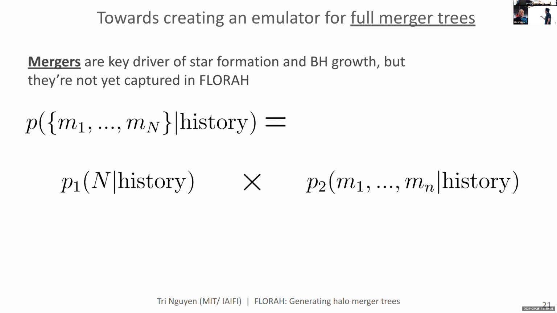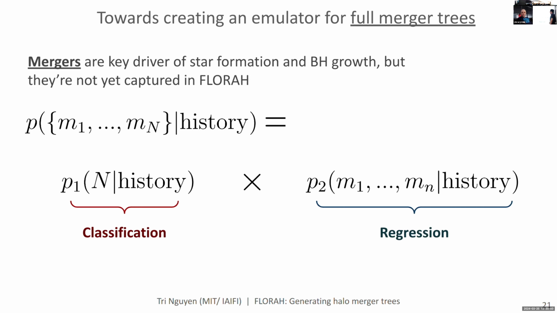You can separate this equation into predicting the number of progenitors as well as predicting the properties of those progenitors. The first problem you can solve by a simple classification scheme, and the second problem you can solve by using regression. But what's actually complicated is that this number can vary, so you need an architecture that's flexible enough to handle this data.